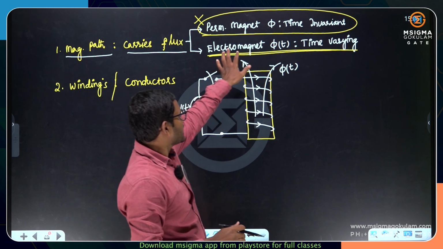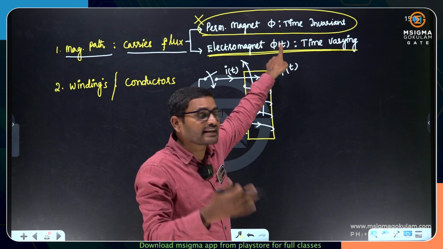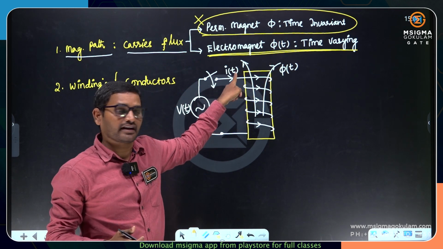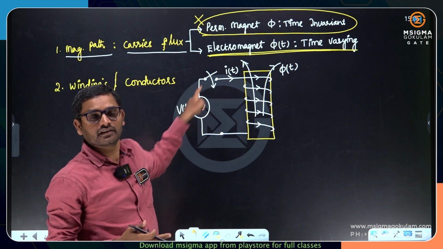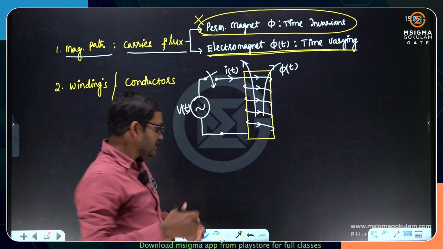Okay, I am talking about the electromagnet and that too phi of t. If you want to get a time varying magnetic field, current must be time varying. If you want to get current as time varying, the applied voltage source must be time varying. There is another possibility also.